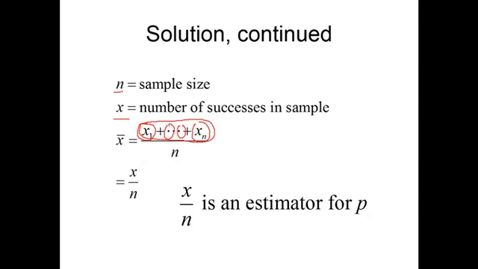We have x successes, so we have x 1s, and the rest is 0. So the numerator is equal to x, and so this x bar is equal to x over n. Now, just as x bar is an estimator for mu, this x over n is going to be an estimator for P.